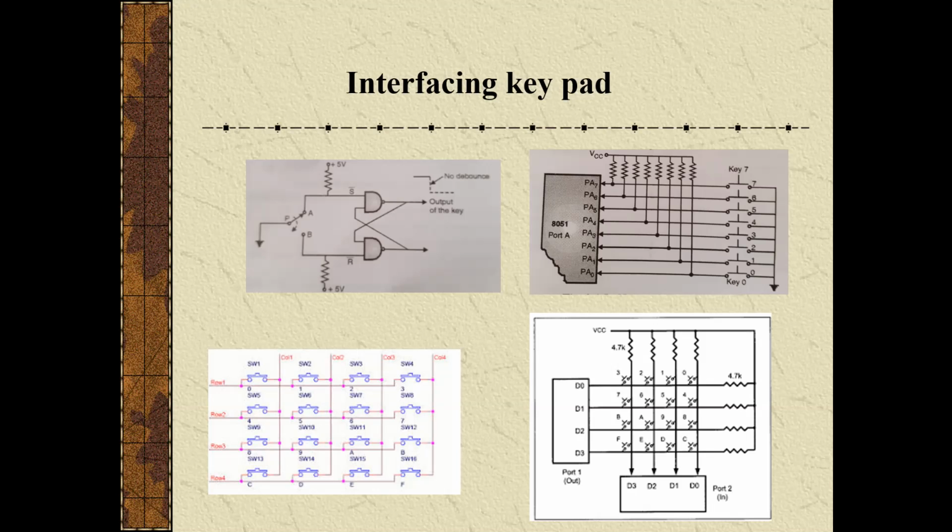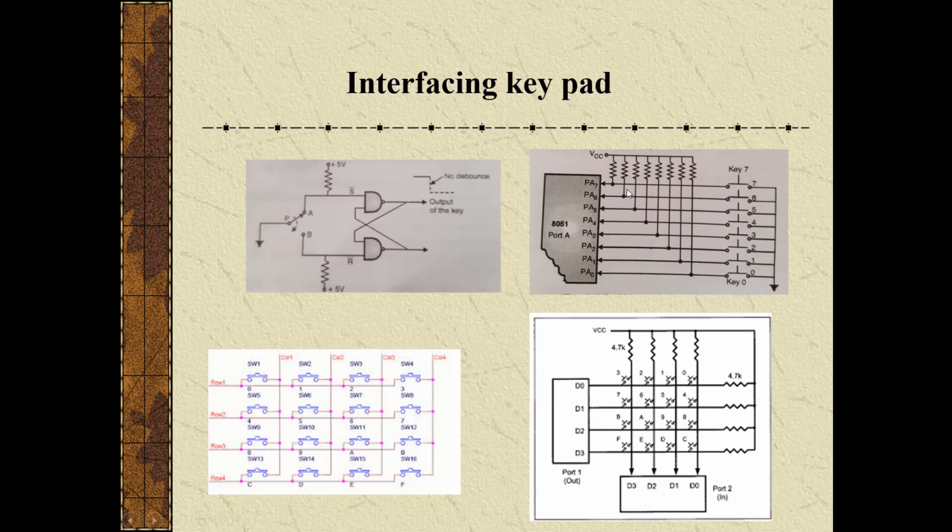The interfacing is different here. Here, what will happen? All the lines from here will be connected to the NAND gate. So when all the keys are open, the NAND gate output goes low.